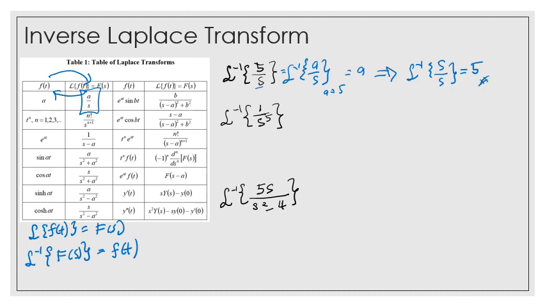Next example, we have the inverse Laplace of 1 over s to the power 5. It looks similar to n factorial over s to the power n plus 1. Maybe I can copy this one back. n factorial over s to the power n plus 1. We look at the s here.